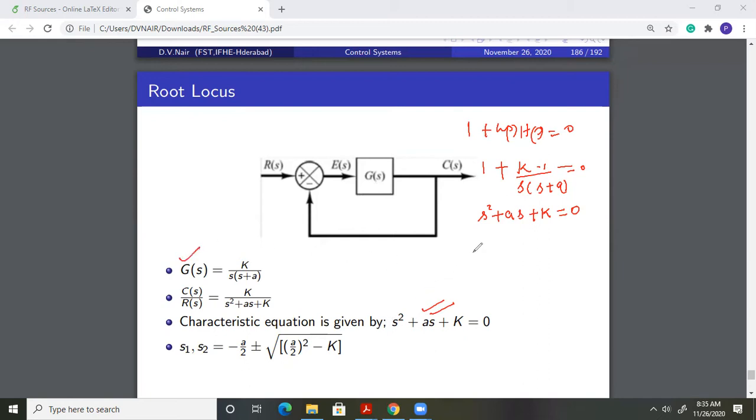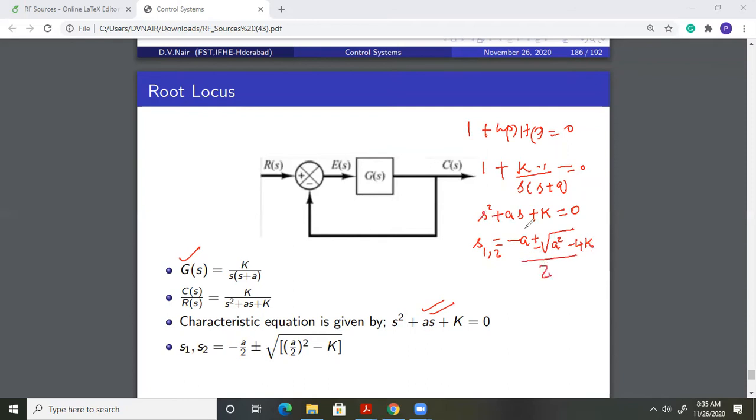So what will be the roots of this? Since it's a second order system, it will have two roots, S1 and S2, and we use the quadratic equation formula to find the roots. It will be minus b, here it is a, plus minus the square root of b square, which becomes a square, minus 4ac. A is 1, c is k, so 4k, right? Divided by 2a.